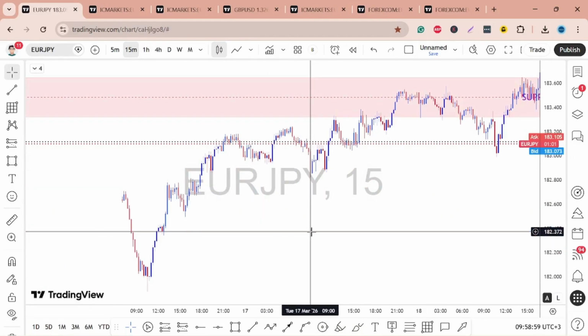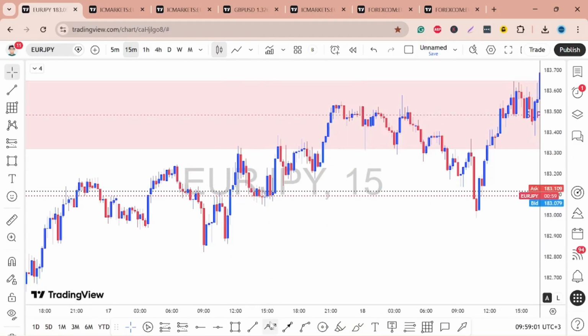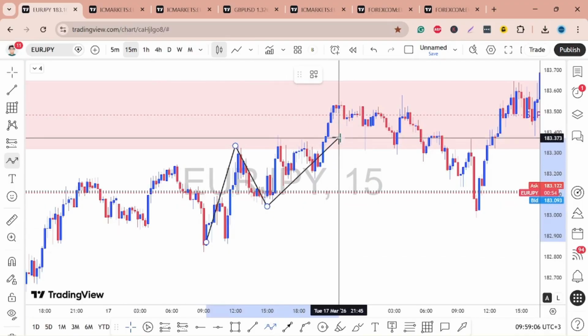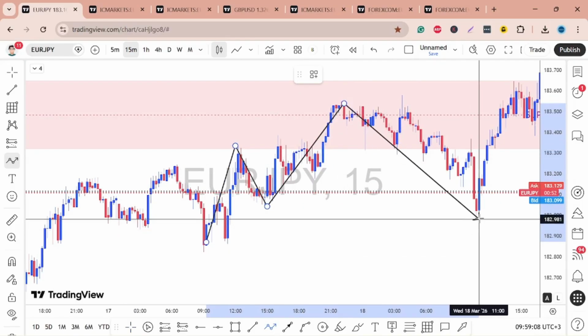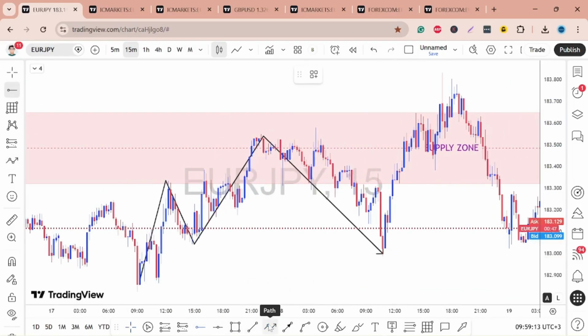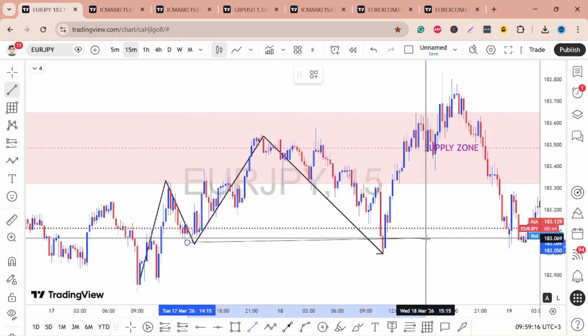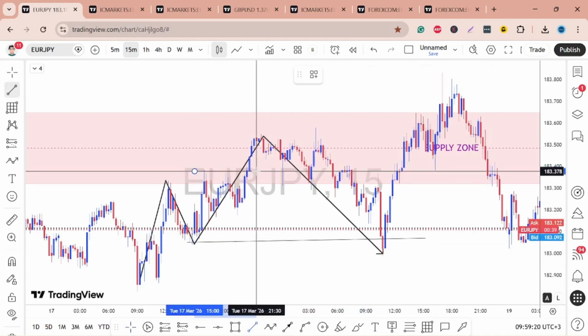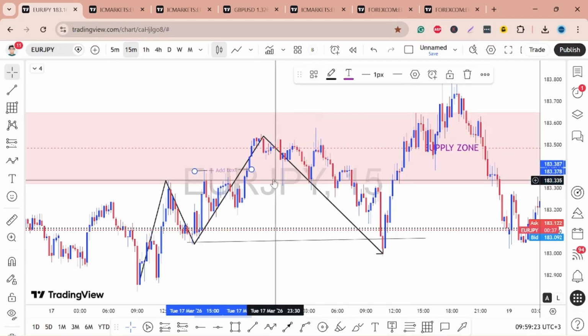Once the market gets to this point, I was looking at the market making higher highs and higher lows on the M15, and this was the last swing that caused the break of structure, because the last break of structure is around here. So this is the last internal break of structure.